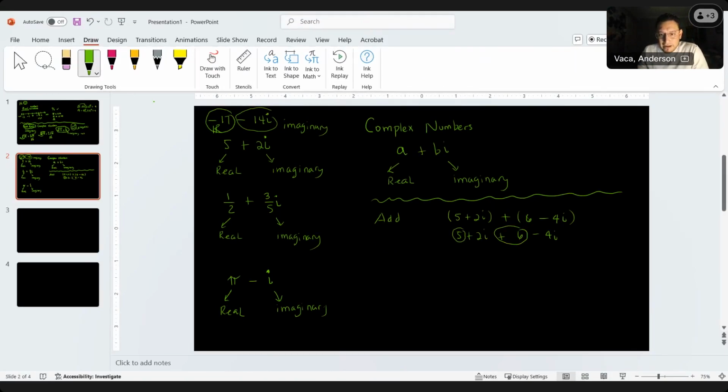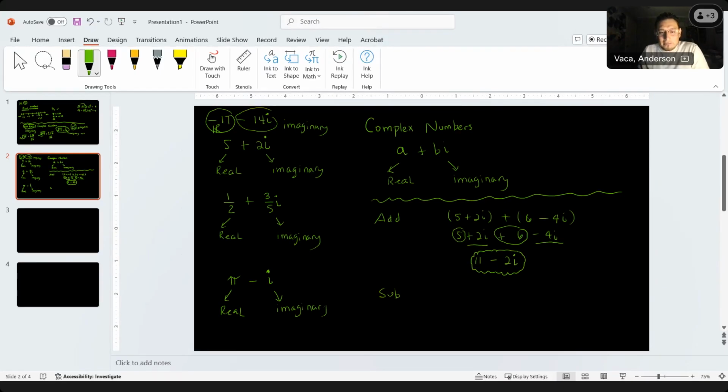I'm going to combine the 5 and the 6 because they're real. So that makes it 11. And then I'm going to combine the imaginary parts, a positive 2i with a minus 4i. That will be minus 2i. So there it is. That's how I would add complex numbers.